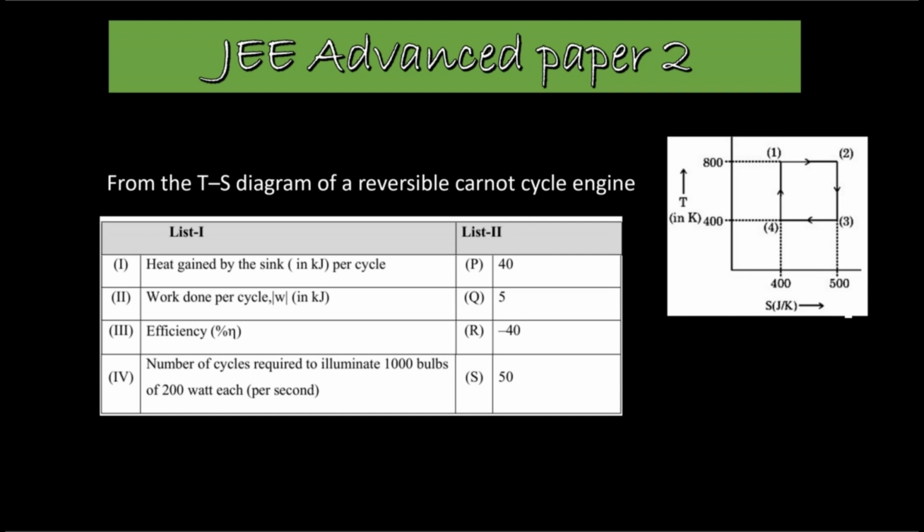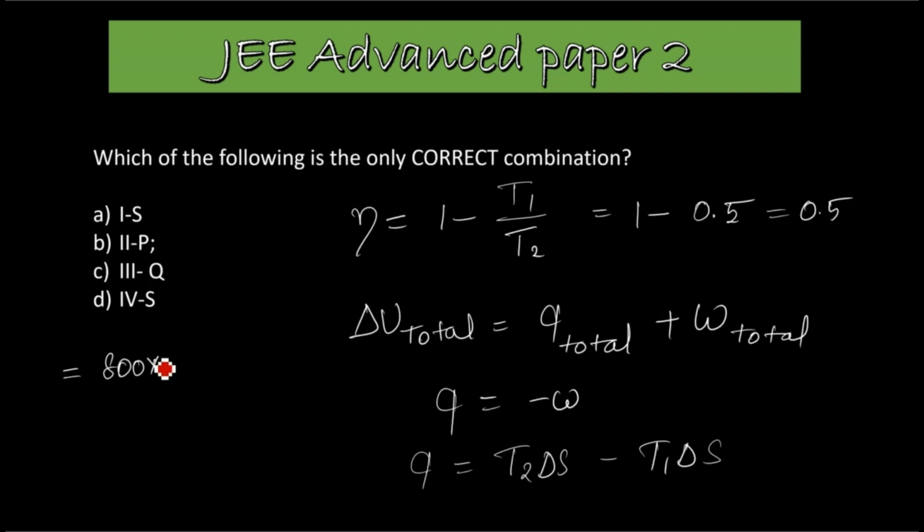So delta S will be 500 minus 400, right? So here I'm having 400 and 500, which will be 100, minus, once again, the T1 value, which is 400 into delta S, that is 100. So the answer becomes 80,000 minus 40,000, which is 40,000.